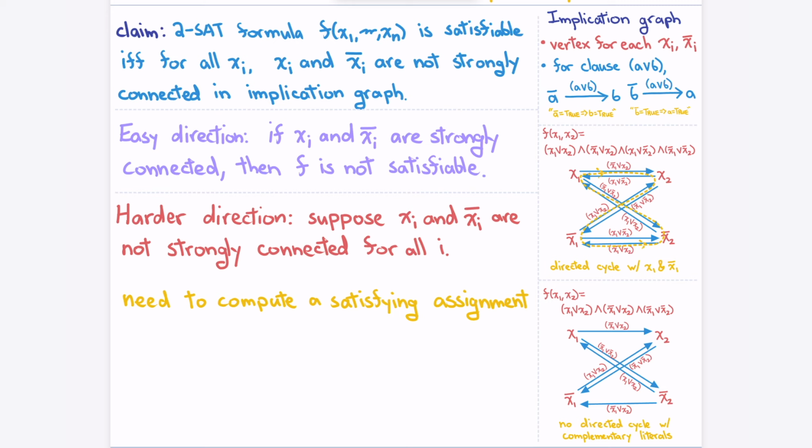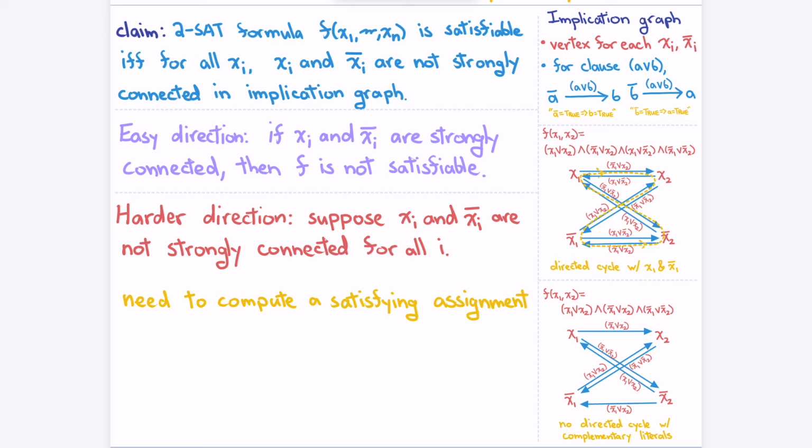Okay. So first we compute the strongly connected components, and then we check each component to see if it has xi and xi bar. So you can assume all the strongly connected components are good, in the sense that they don't have any of these contradictions inside them. And then you said, let's take a strongly connected component and set it to be true. But which one? You can't just do any willy-nilly.